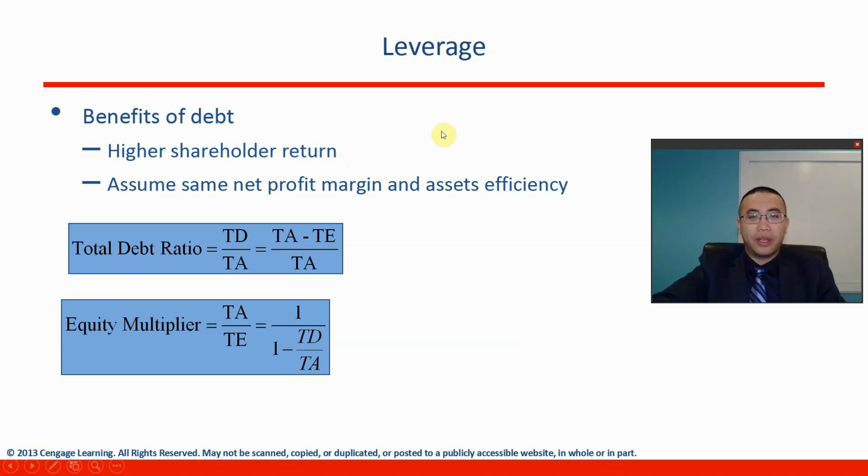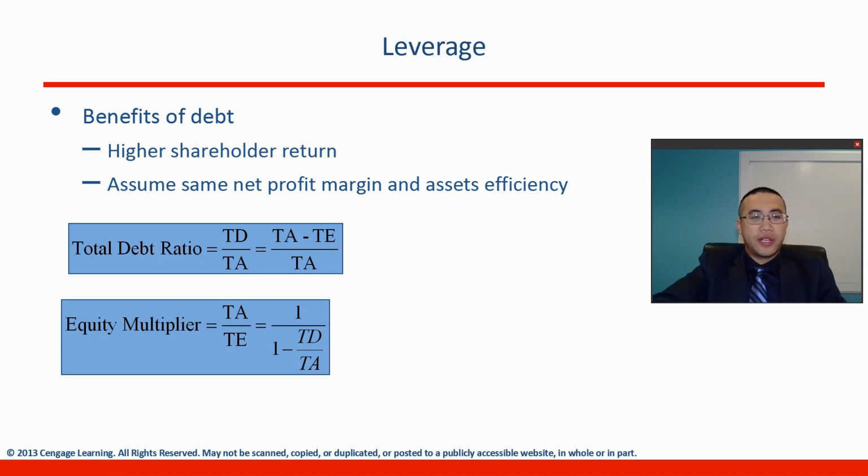This is under a very big presumption that you are making positive operating profit. And you also assume that the net profit margin and the asset efficiency are the same. That's another precondition that would raise the shareholders' return.